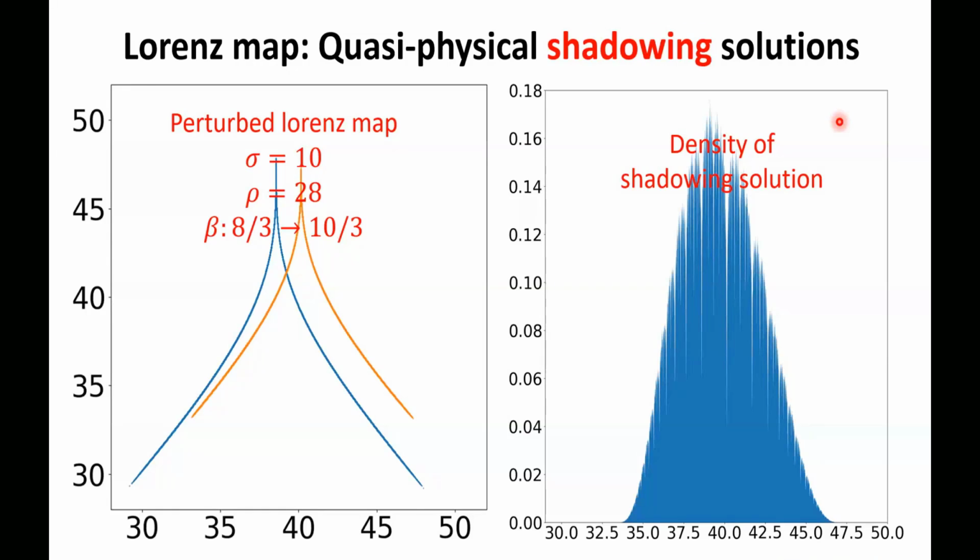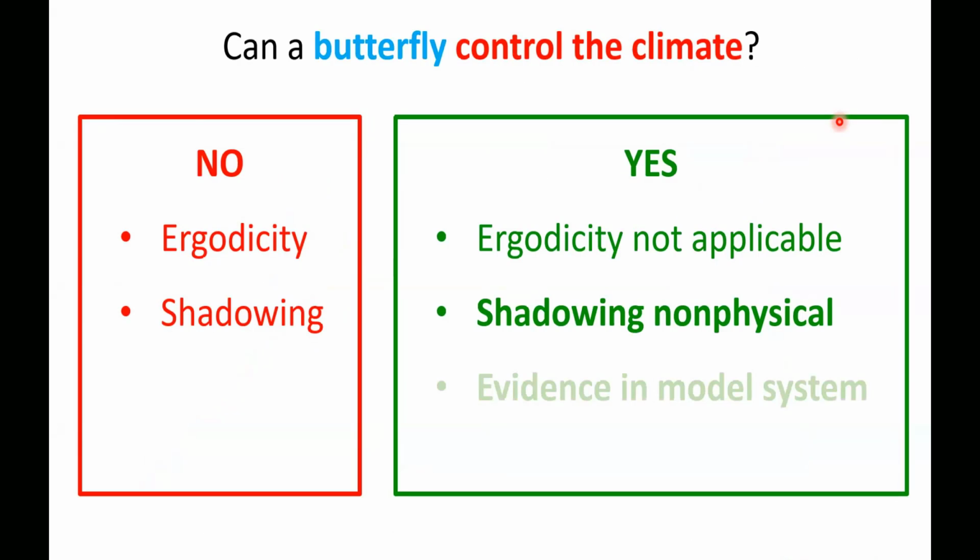So here, I can pretty confidently claim that when you do shadowing, you are very likely to get quasi-physical solutions instead of physical solutions. Therefore, the argument based on shadowing doesn't really work, although you have a solution that has statistics close to the controlled system.